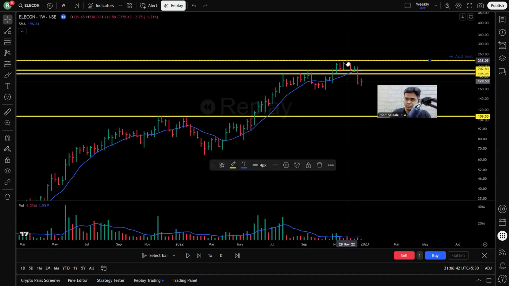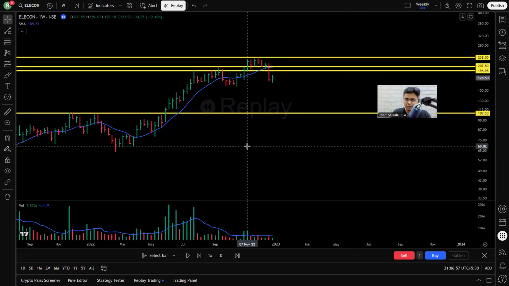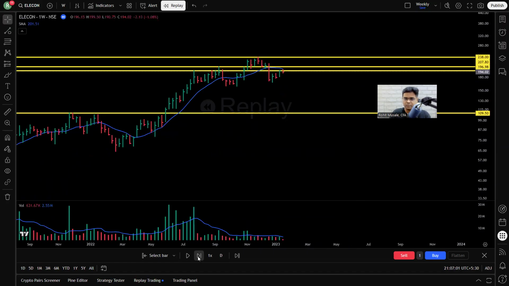So 238 rupees is your base pivot point for base 2C, correct? So this is 2A, 2B and 2C. Now there are 3 consecutive bars below the high of this bar. Okay, let's see how far that base goes. Now I will move the price forward. Let's see when this yellow line breaks.